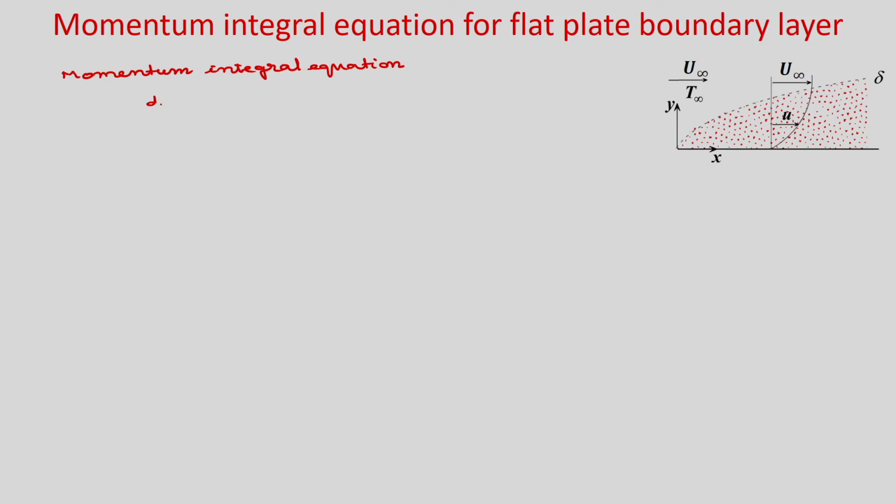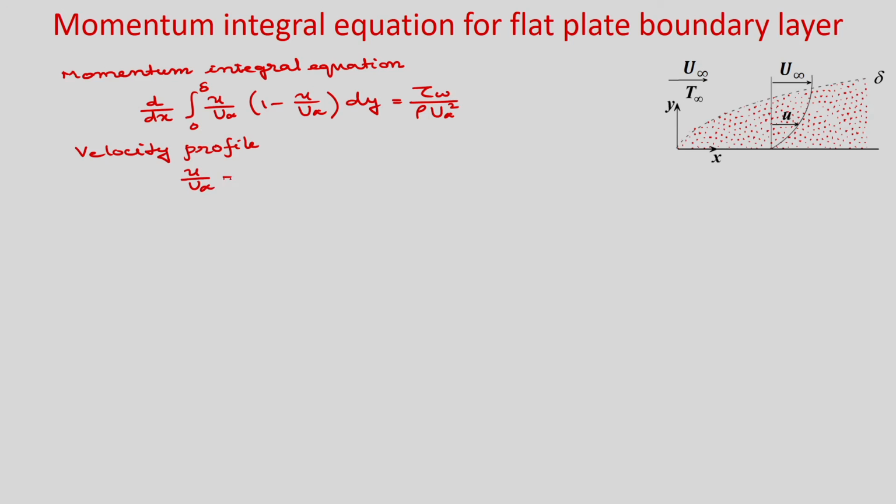This is d of dx, 0 to delta, u by u infinity into 1 minus u by u infinity into dy is equal to tau w by rho u infinity square, and we have the velocity profile u by u infinity is equal to 3 by 2 y by delta minus half y by delta cube.